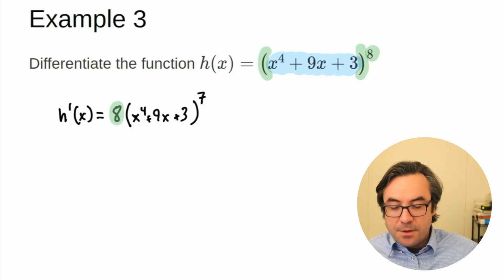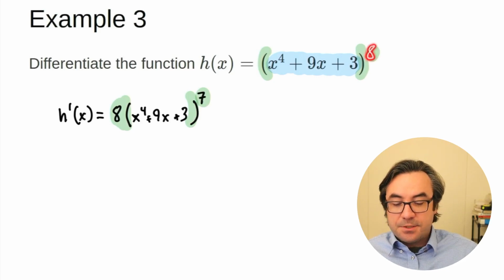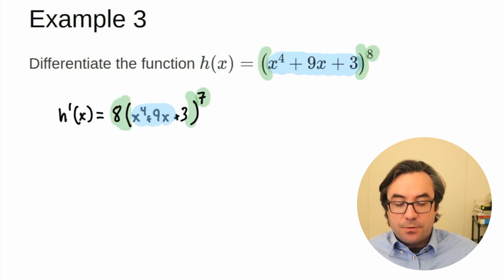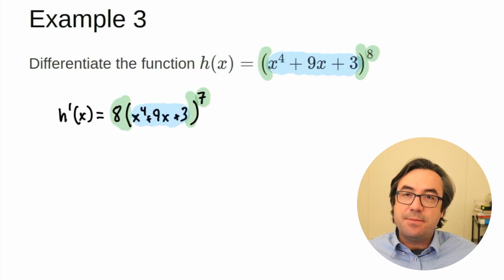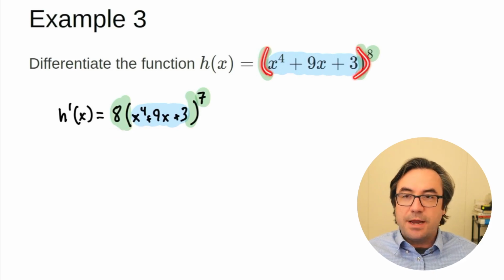So far, this part is just our regular power rule. We put the 8 in front, and we subtract 1 from the exponent. And then we kept those terms inside the parentheses exactly the same. This is not the end of it, though. So far, we've only differentiated our way through this outer layer.